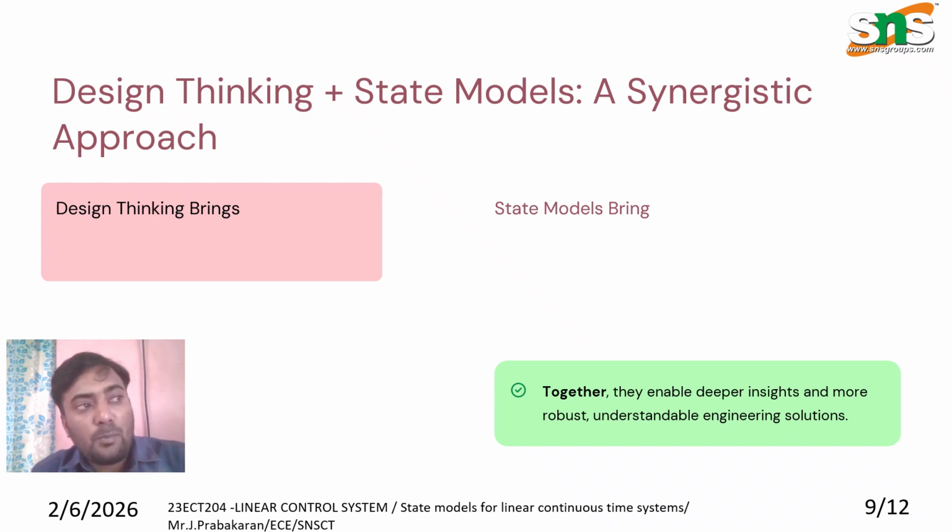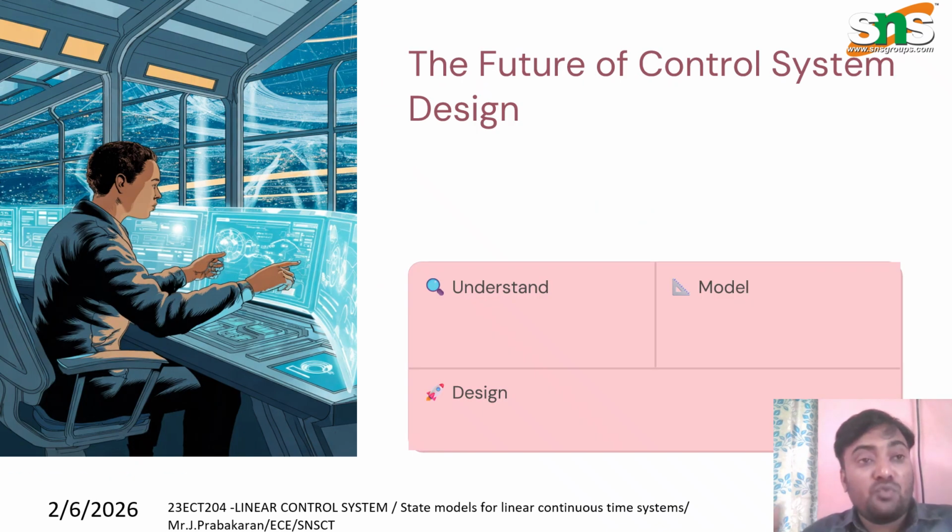When we combine both design thinking and state model, they create a powerful framework for understanding and designing control systems. The future of control engineering requires both analytical and creative thinking.